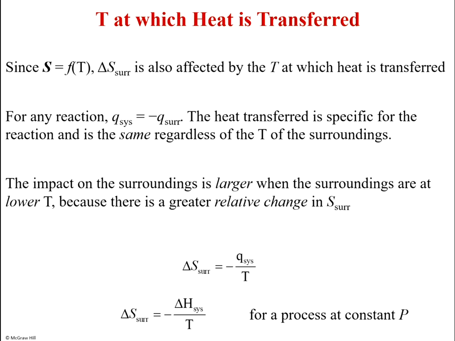The impact on the surroundings is larger when the surroundings are at lower temperature because there's a greater relative change in delta S. So delta S for the surroundings is equal to minus Q for the system divided by T for a reversible process. Recalling that at constant pressure, Q is equal to delta H, this is worth noting: delta S for the surroundings is equal to minus delta H for the system over T.